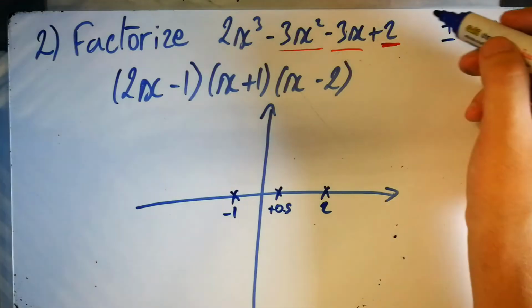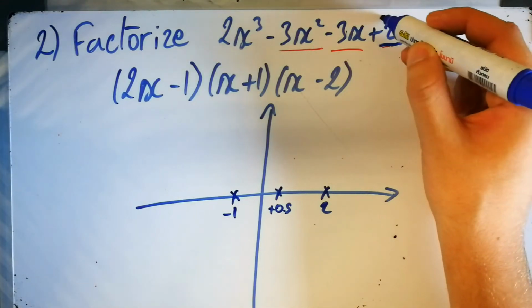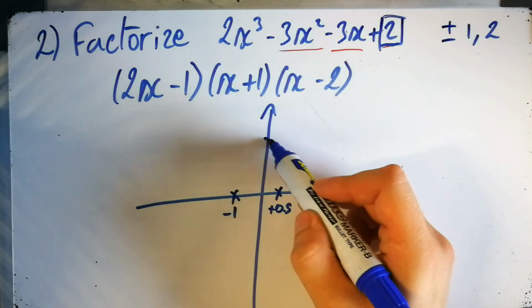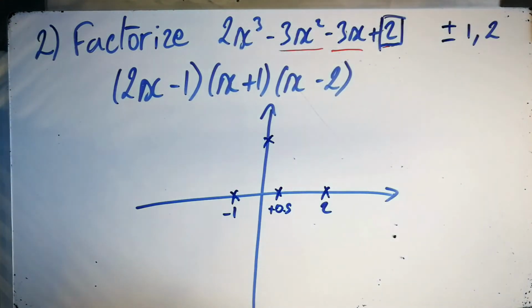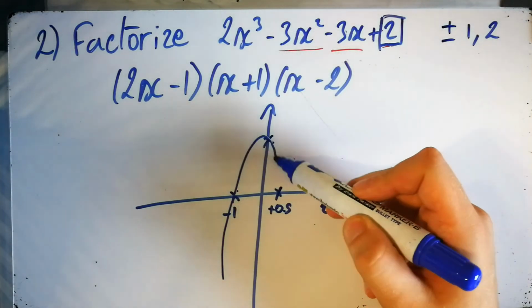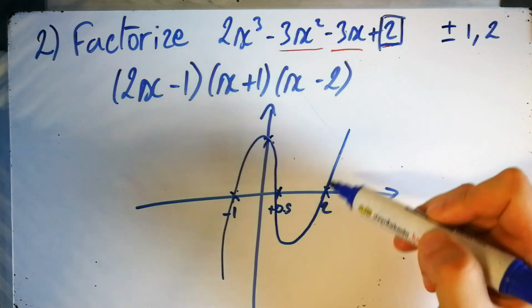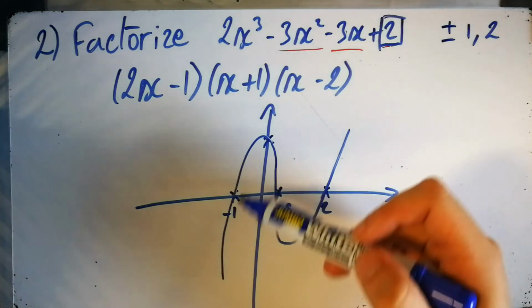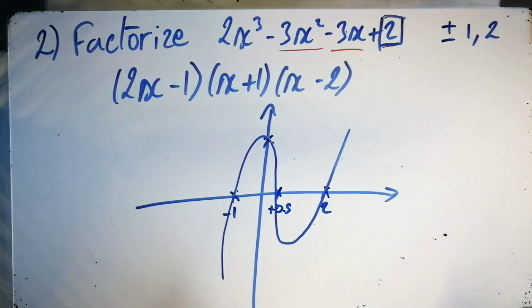We also need to place the y-intercept. So the y-intercept is going to be at 2. Once we've done that, we simply graph the cubic. Once again, you don't need to be very precise. Your graph should just go through all your points.